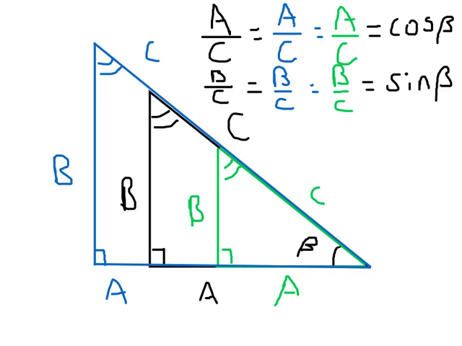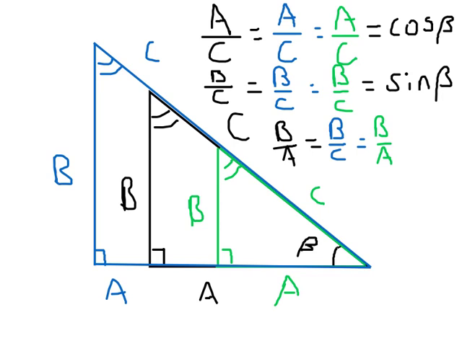So there's one last comparison so that I can complete this sort of triumvirate of trigonometric functions. We can compare sides A and B. So for angle beta, I'm going to compare side B over side A. That's going to be equal to blue triangle's side B over side A, which is equal to green triangle's side B over side A. Oops, look, I made a mistake on my blue triangle.